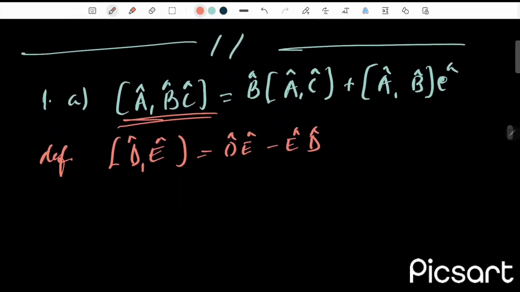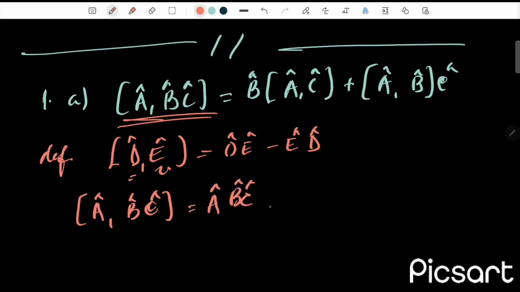Then we must use the same definition for this case, where we have the commutator of A with BC. Here we consider A as our D operator, and this product as our E operator. Then we get A times BC minus BC times A. Here we can see that we have A without appearing in the middle term.